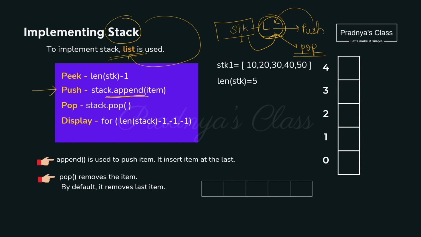Using the append function. And how can we delete the last element from the list? Using the pop function. Alright, now you understood. To insert or push an item, we will be using the append function, and to remove an item, we will be using the pop function, because pop by default removes the last element from the list.